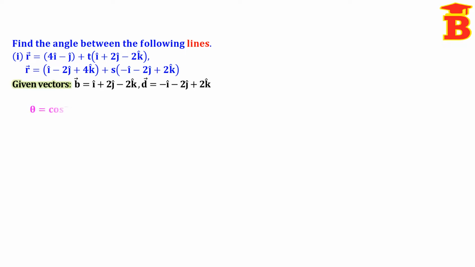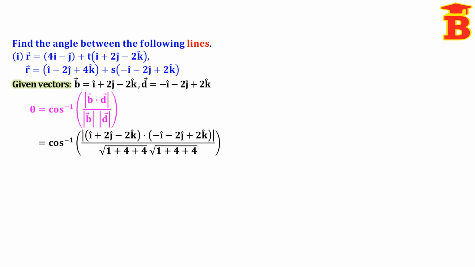Now write the formula: theta equal to cos inverse of modulus b vector dot d vector divided by modulus b vector modulus d vector. So that is equal to cos inverse of, just substitute these vectors, modulus of b vector dot d vector divided by taking modulus.